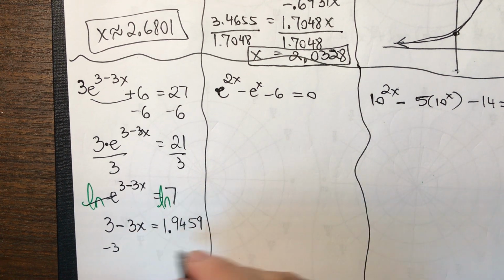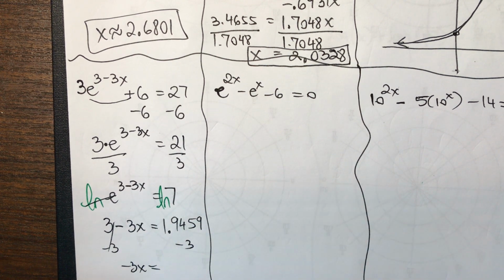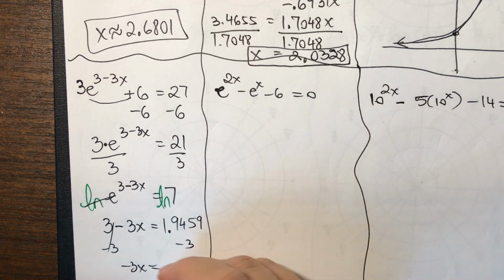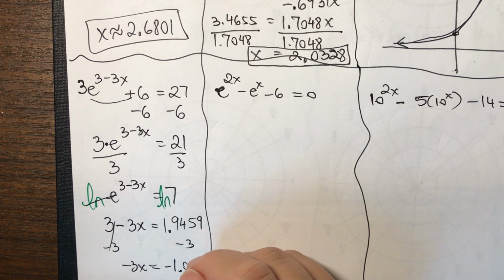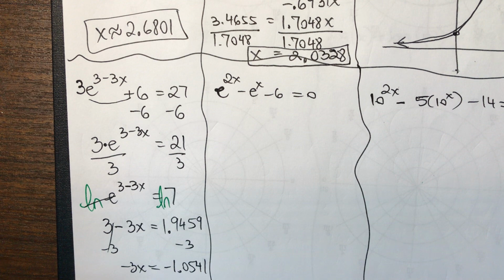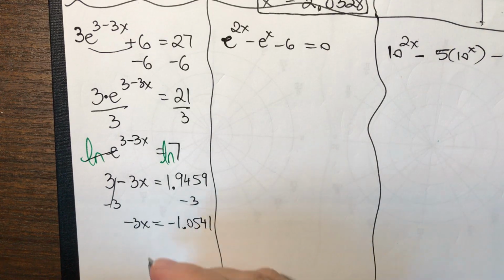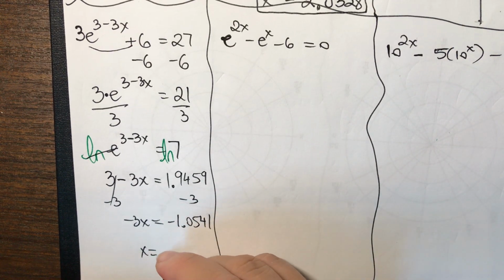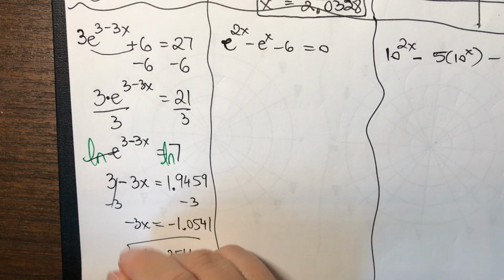What do I do? I'll minus the 3 from both sides and get a negative 1.0541. And then what? Divide by negative 3. And I'm going to get that x is 0.3514-ish.